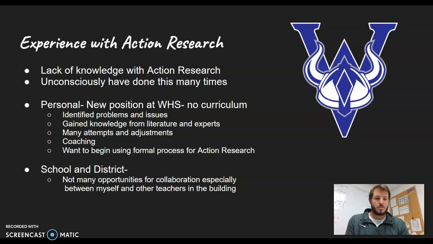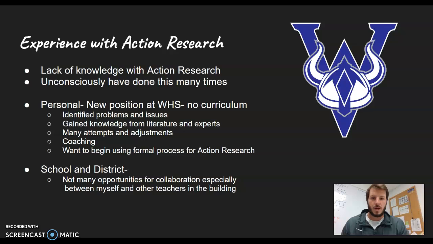My experience with action research: prior to this, I had little to no knowledge of even what it was. But after reading the research, I've come to find out I've unconsciously done this many times. The first thing, personally, I accepted the new position at Winfield High School as a strength coach. We had no curriculum, basically left it up to me to find out what works best for our athletes and students.